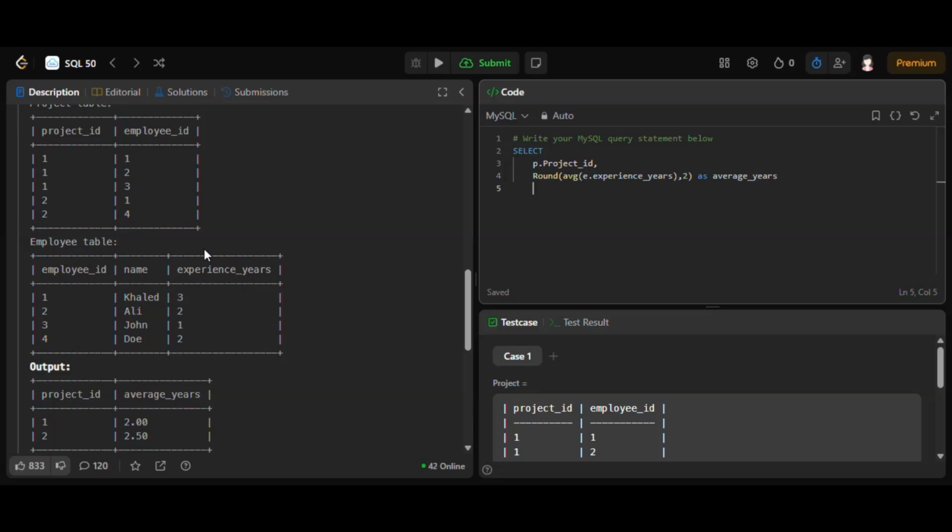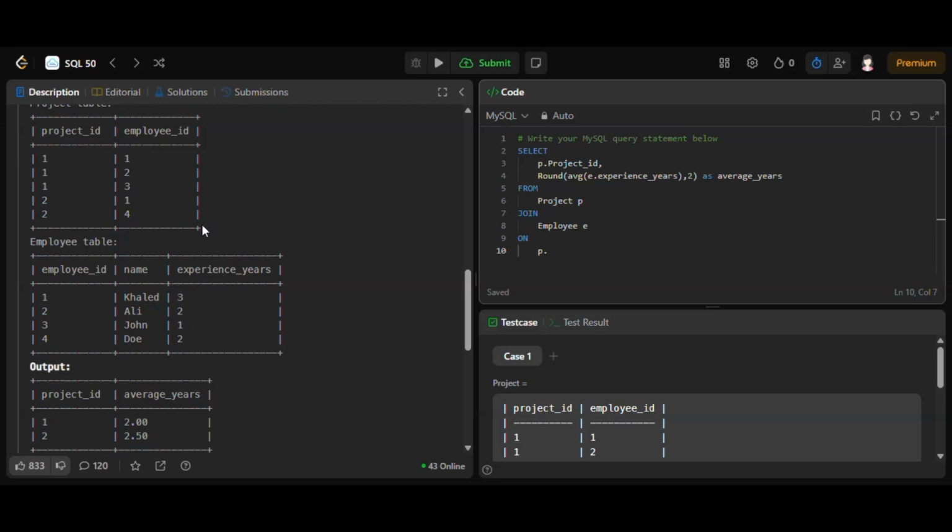Okay, we are going to select this from the project table and join it to the employee table upon the employee ID.